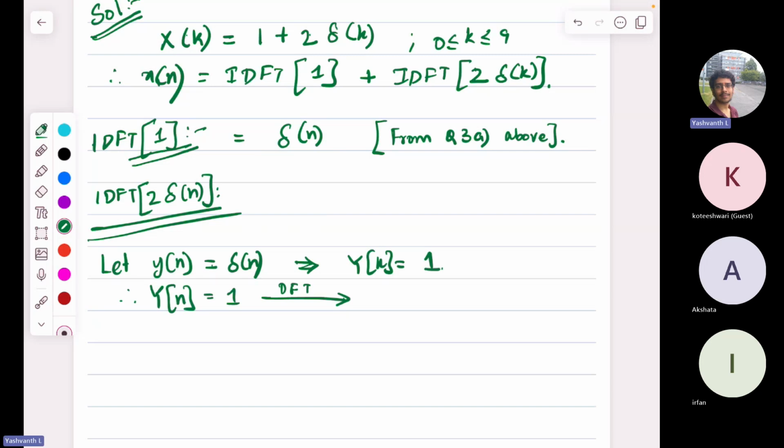It will have N into y of minus n mod N. But the delta function is even, so it is N into delta of minus n modulo N, which is nothing but N into delta of n. Do you agree?